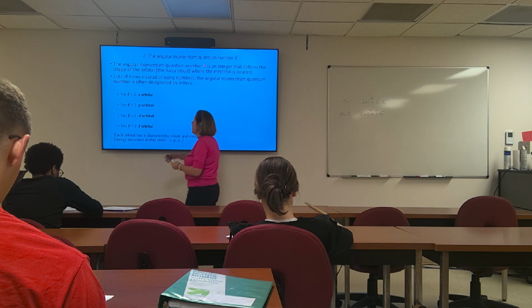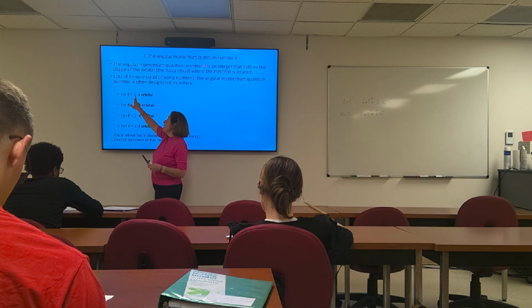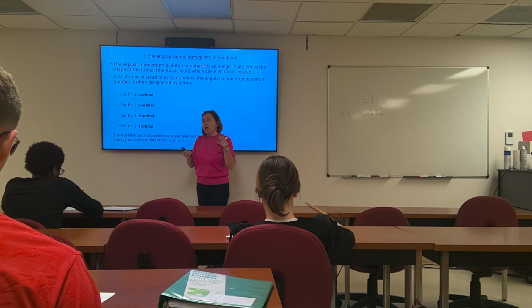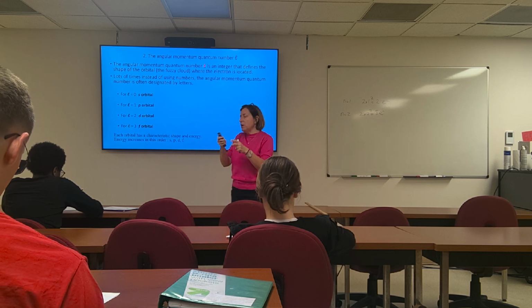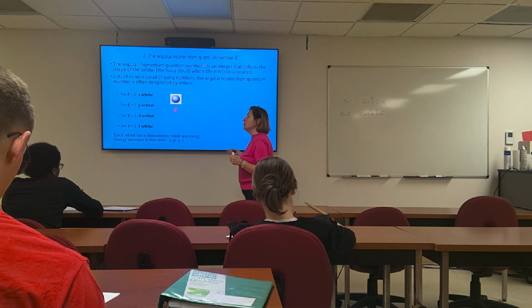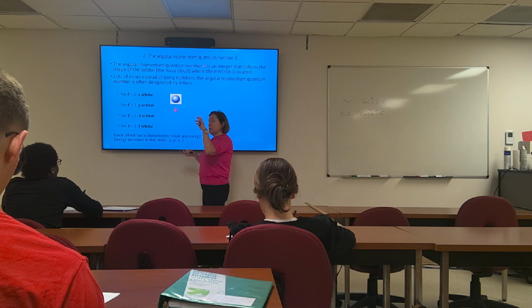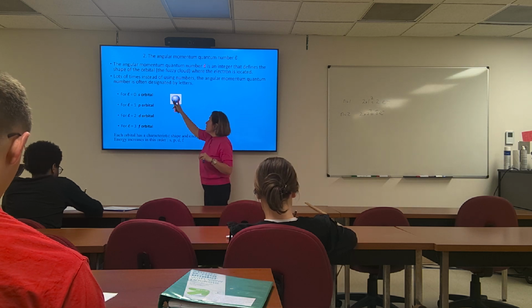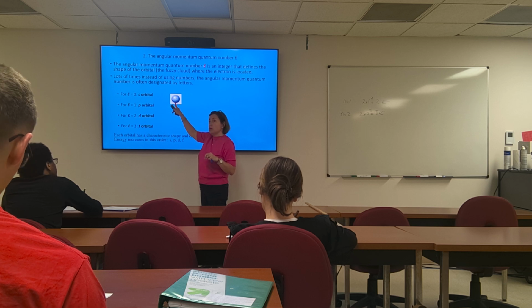So if you see a value of L of 0, that is always an s orbital. What is an s orbital? It is a spherical cloud in the center that can hold the electron. A spherical cloud of energy, three-dimensional, okay?